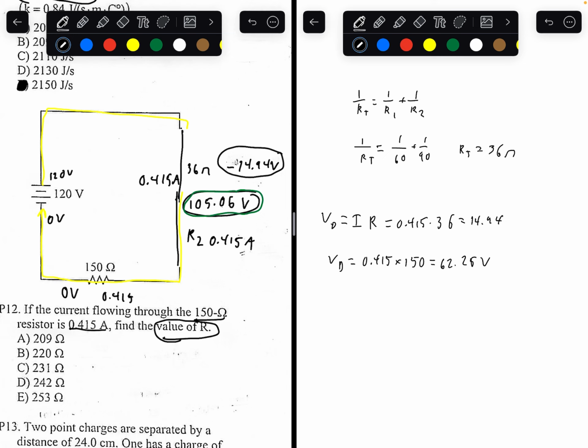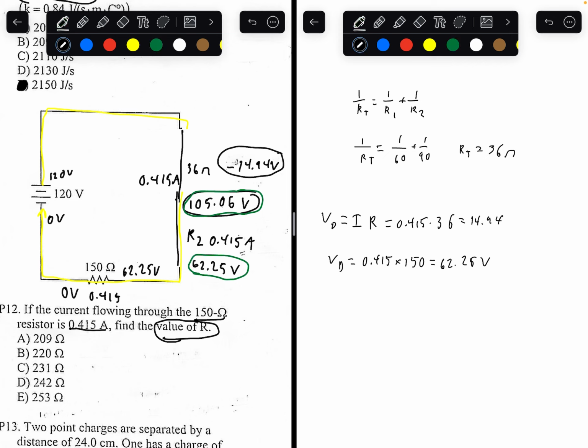That means the voltage right before the 150 ohm resistor is 62.25 volts. This voltage carries over to over here. Right after R2, the voltage is going to be 62.25.